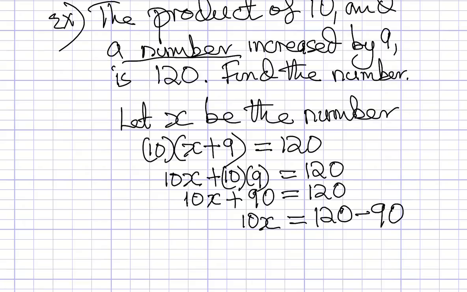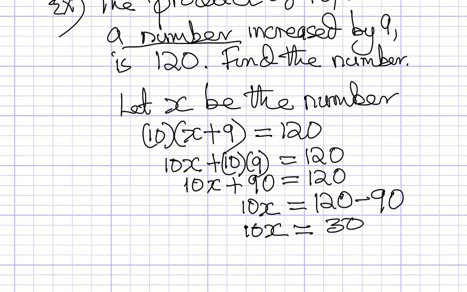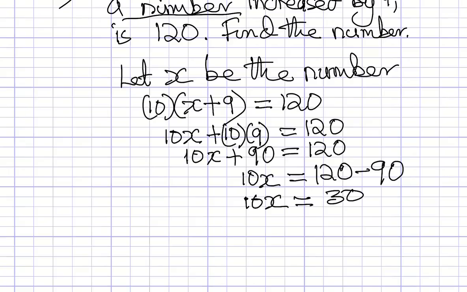That's what I just did. Then you simplify the right hand side. 120 minus 90 gives you 30. So we have 10x is equal to 30. To get rid of 10, we divide by 10. So x equals 30 over 10, which gives you 3. So what we're looking for is x equals 3.